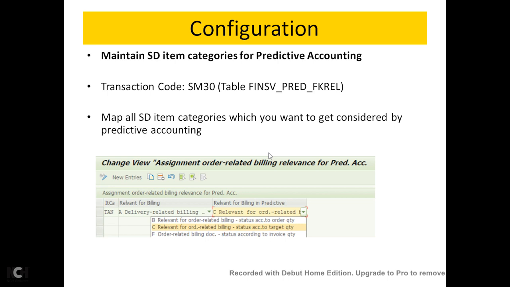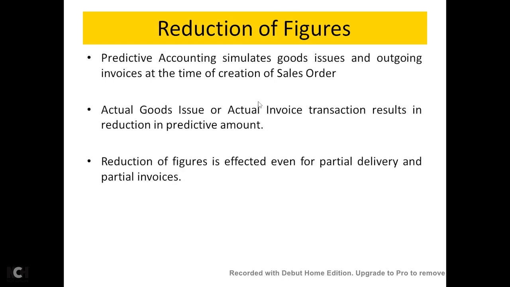Now let's understand a few more things. Reduction of figures. When you create a sales order, the simulated value gets posted in the extension ledger. However, when the actual goods issue or actual invoice transaction happens, the system posts a negative entry in the extension ledger, so that the extension ledger predictive amount gets reduced by the actual goods issue amount or actual invoice amount.